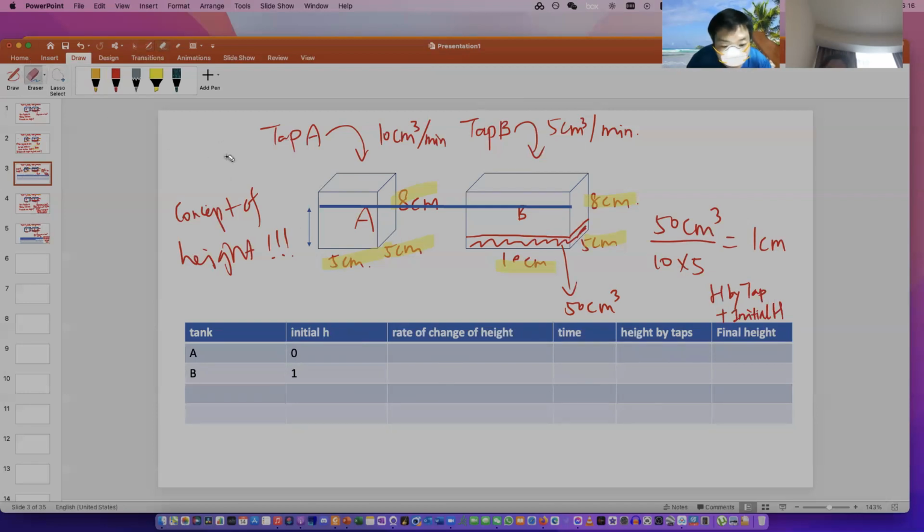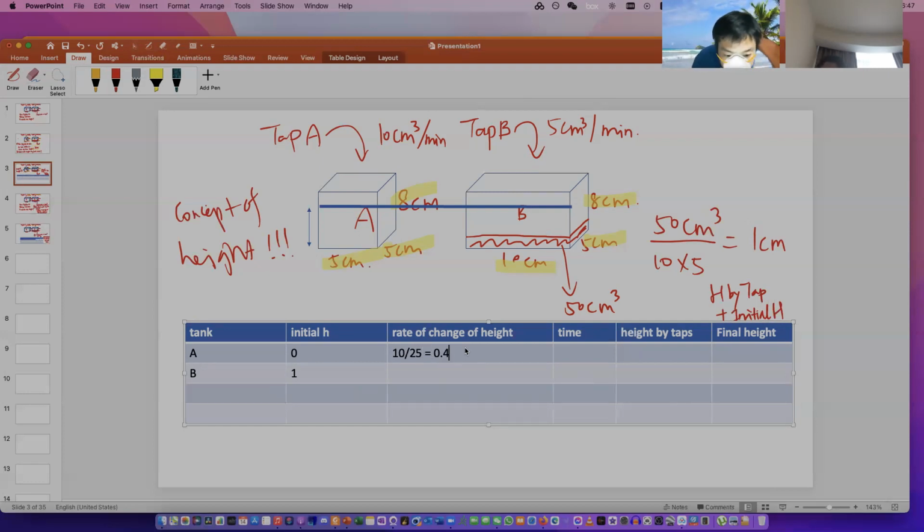Can you tell me how? 10 divided by what? 5 and 5. So 10 divided by 25. What do you get? 2/5, which is 0.4.